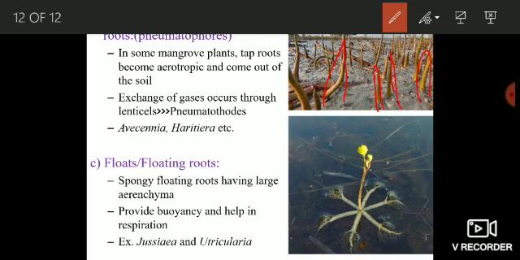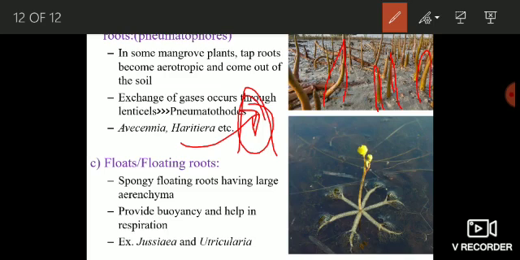These roots possess some pore-like structures known as lenticels, and through these lenticels exchange of gases takes place. Lenticels are pores, which in botanical terminology are known as pneumathodes. They help in the exchange of gases.